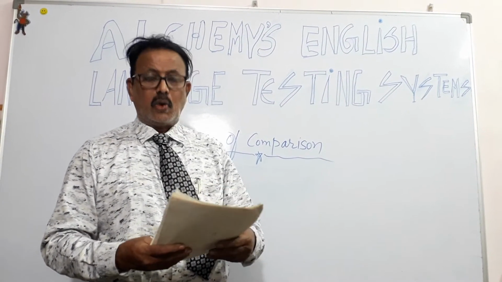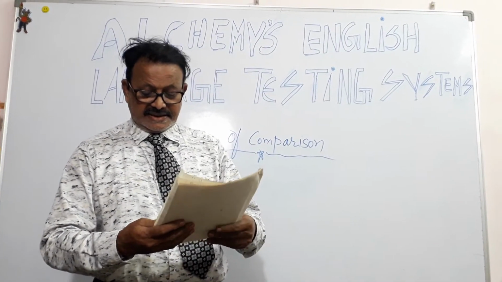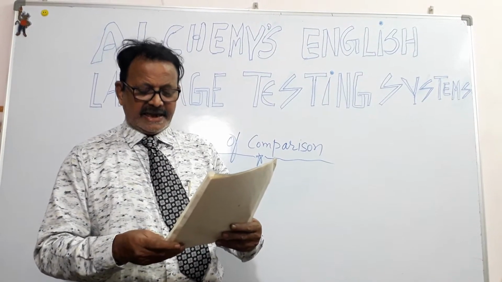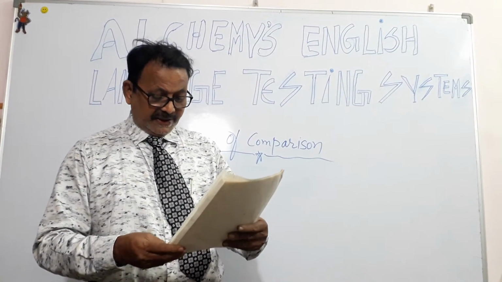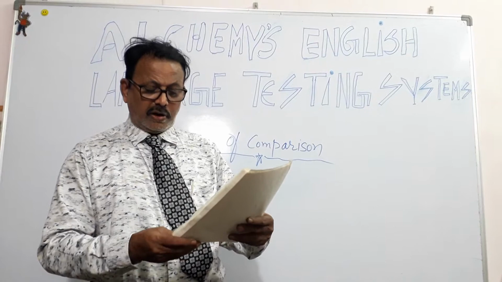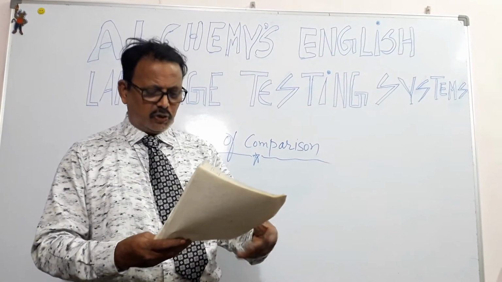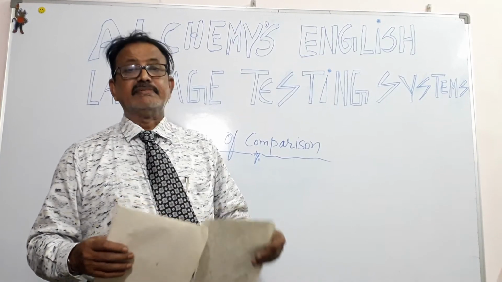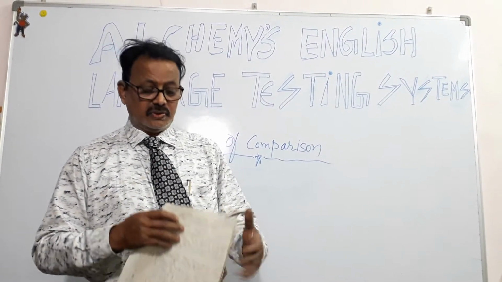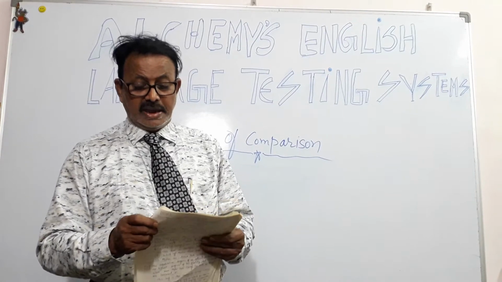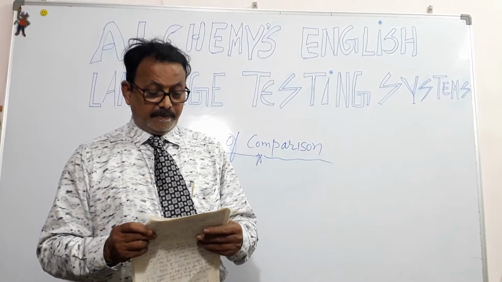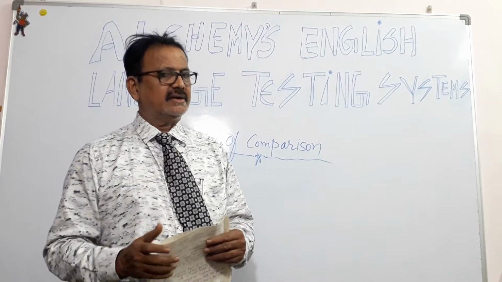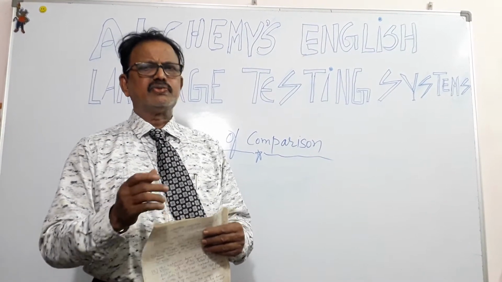It is the qualitative adjectives that are gradable. They can be compared and they can be graded. We can say something has more of a quality than something else. Okay. Thus we form comparatives by adding ER to that adjective. It's a small thumb rule.